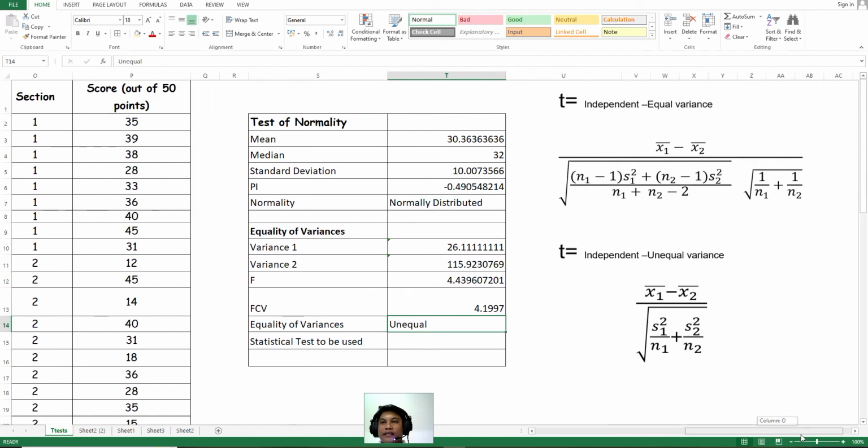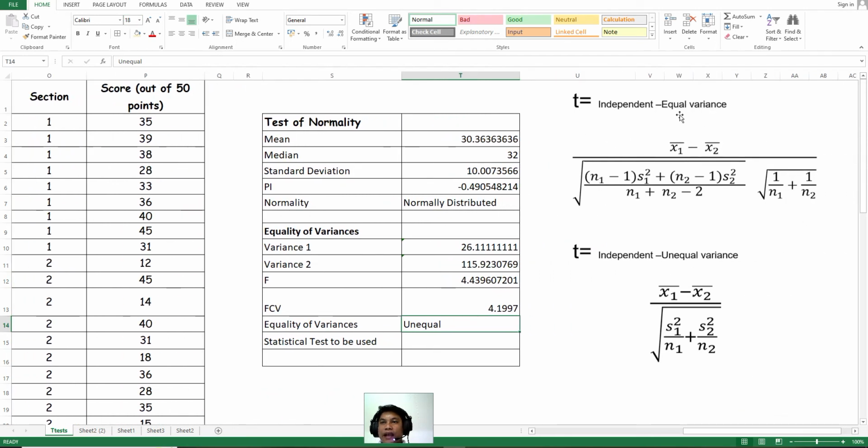These are the formulas of the t-test. This formula is for equal variance, and this formula is for unequal variance. And in our test result, since f is greater than the critical value, therefore, we will use the unequal variance formula. So we will start now the statistical test.